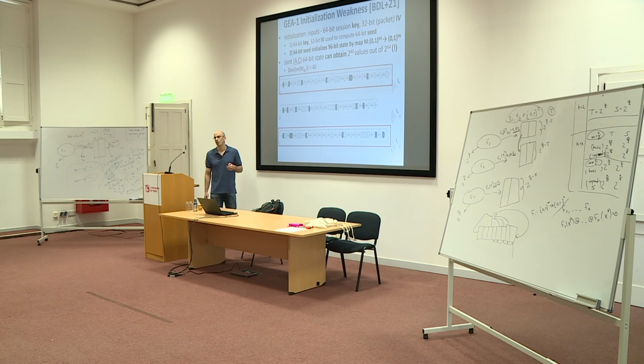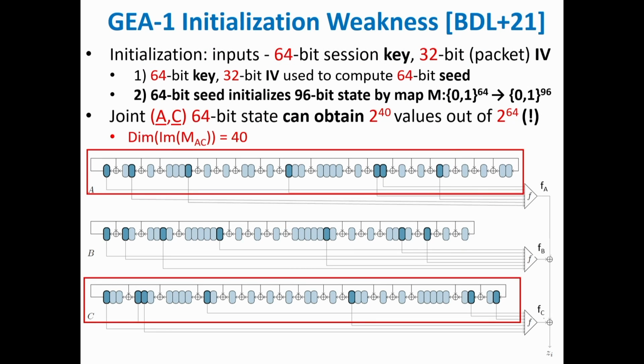So you think it was introduced on purpose, because to get a 64-bit image, the only thing you have to do is choose an invertible matrix, since M is a linear map. If you look at each register, each register can obtain all possible values.